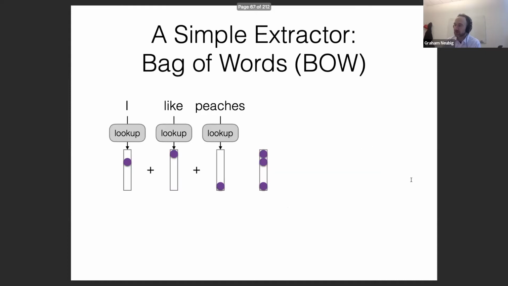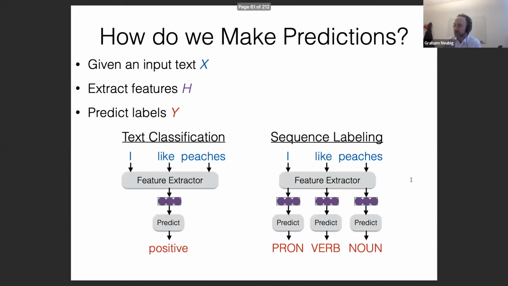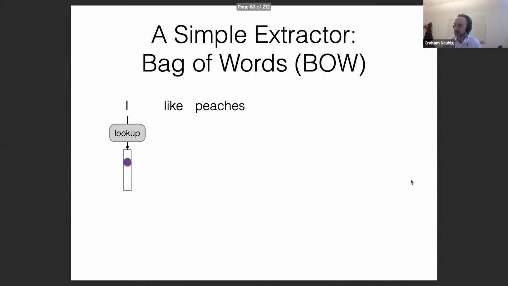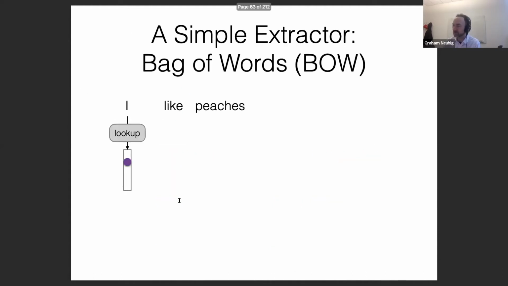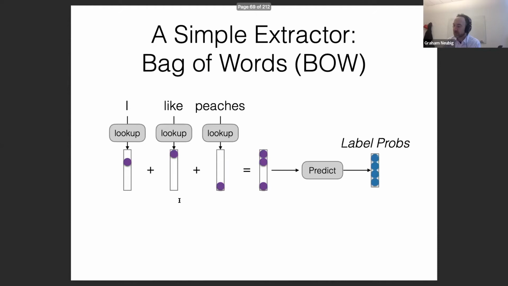Like we talked about text classification. Sorry, every time I touch my mouse, it moves my slides. It's a little bit annoying. We talked about text classification where we extract features for the whole sequence, and then we use that to predict the label probabilities for the whole sequence by adding all of these together.